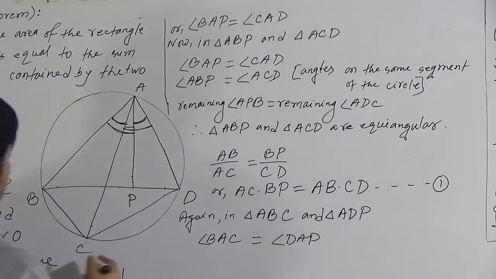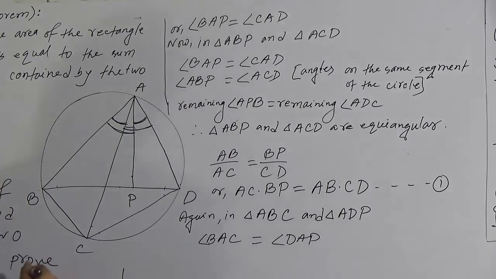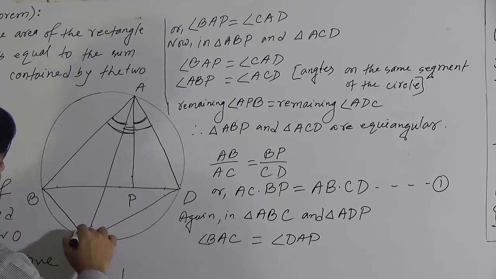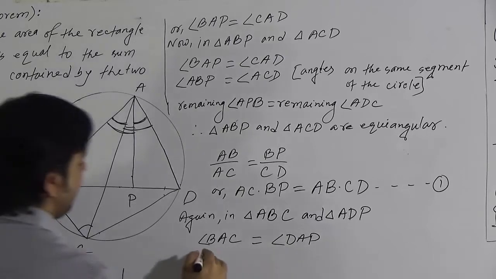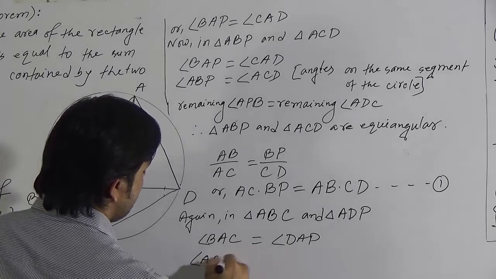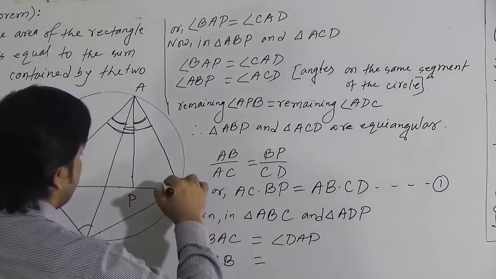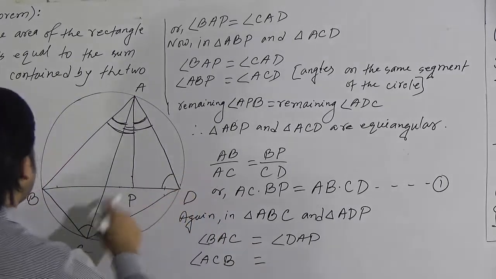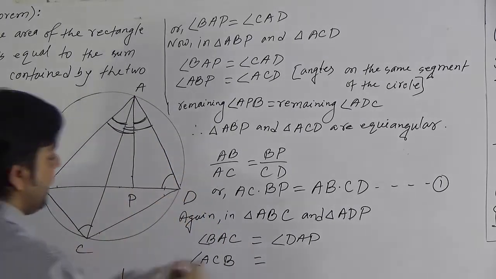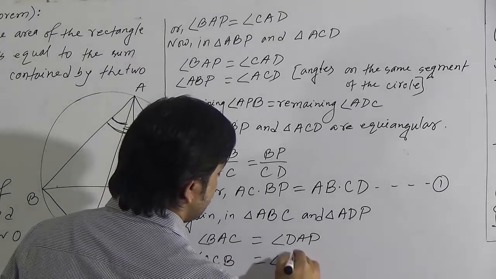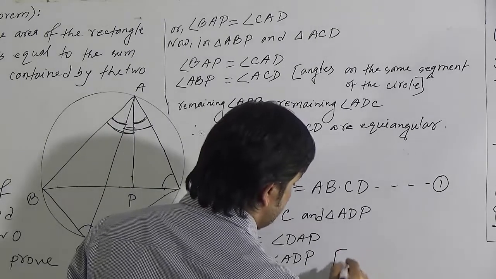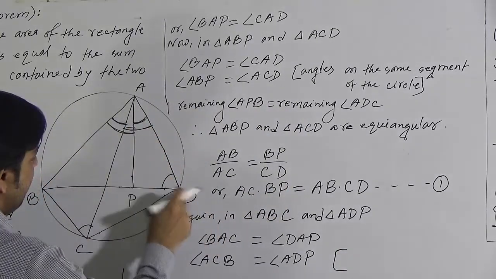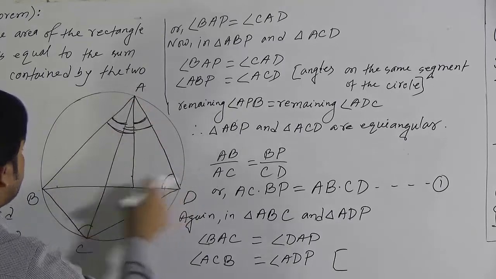Now we can consider another angle here. The other angle is ACB, and the corresponding angle is ADP. Why are these two angles equal? This angle ADP means this angle ADB.